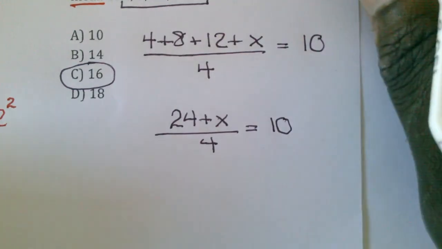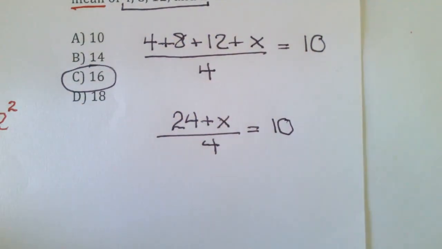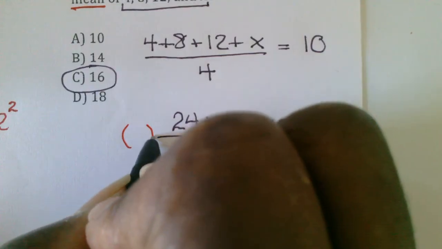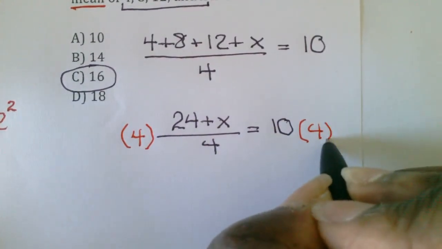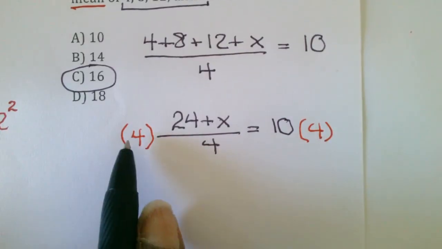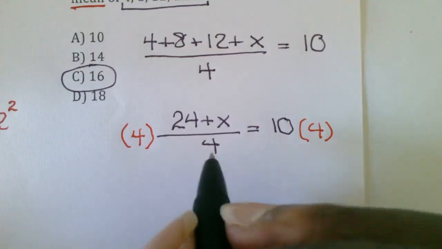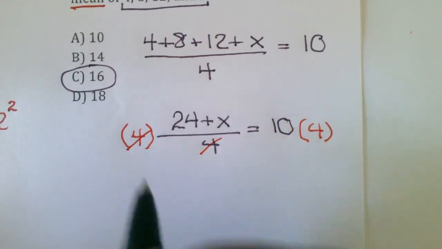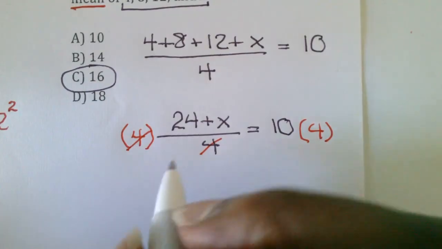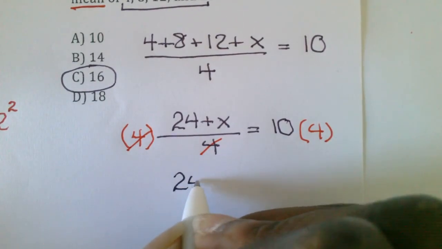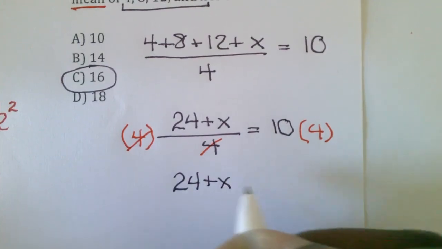Okay? So another way will be doing the multiplication, which means I need to multiply both sides by 4. The reason why is 4 divided by 4 will give me 1. And anything times 1 will simply give me my numerator.